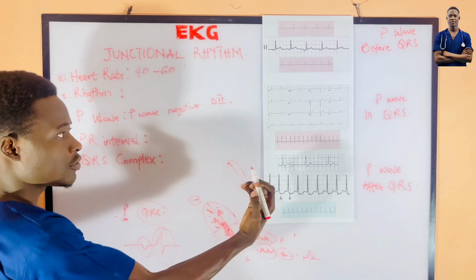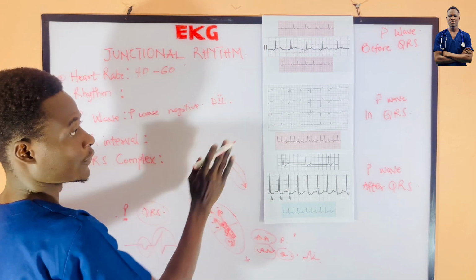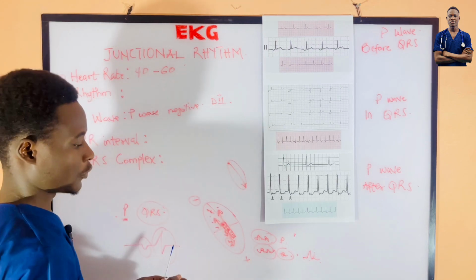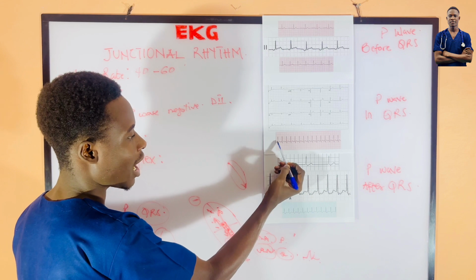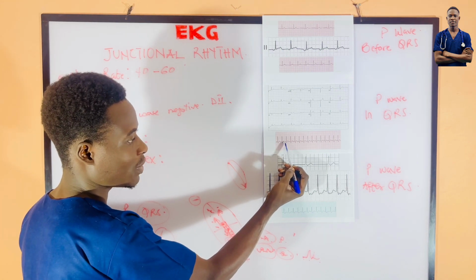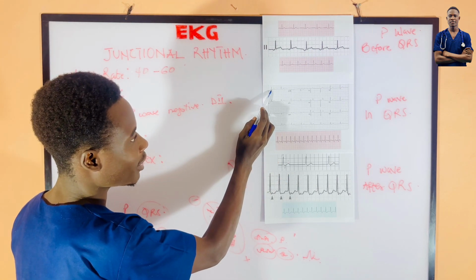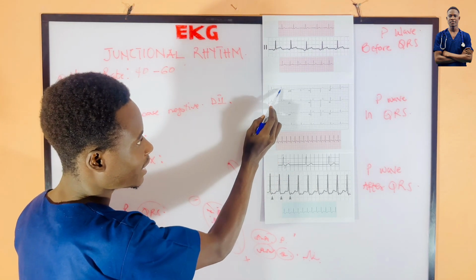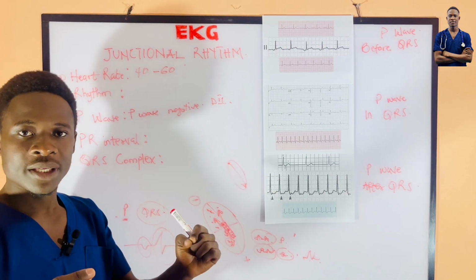Now, let's look at our second graph. If you check our second graph, we have QRS complex T. QRS complex T. The same thing. If you come here, we have QRS complex T, QRS complex T. We don't have a P wave.